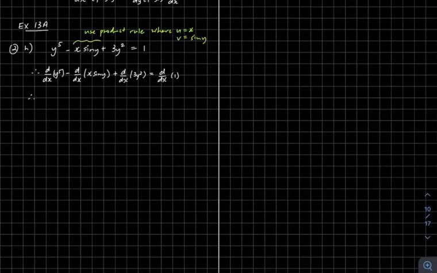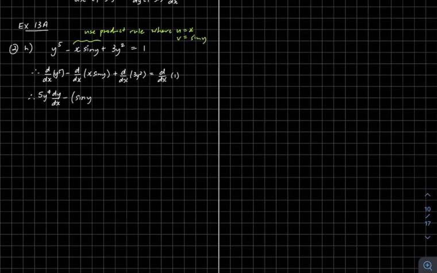Alright, so for the first term, well, differentiating y to the power of 5 with respect to y would be 5y to the power of 4, and then that'll be times dy/dx. This one here, well, let's think about what we've got if we use our product rule. So it's going to be, well, we could take the derivative with respect to x of u, so du/dx times v, and derivative of x with respect to x is just 1, isn't it?